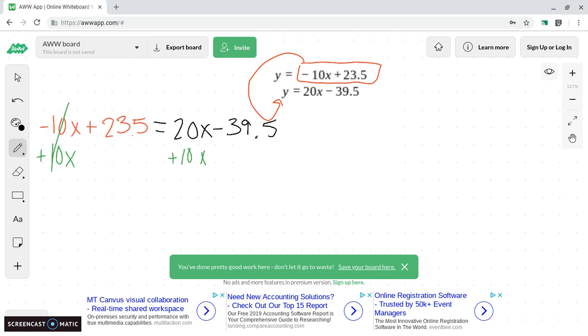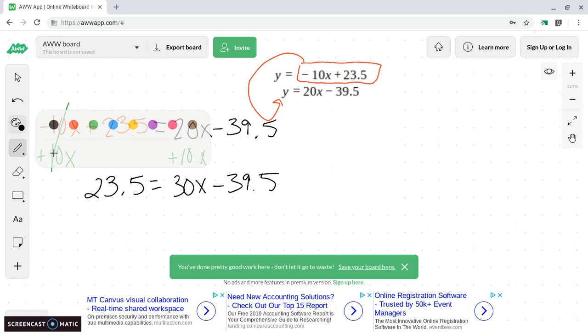What we have left is 23.5 equals 30x minus 39.5. Then I want to get my only variable left, which is that x next to the 30, by itself. To start, I'm going to get rid of my 39.5.